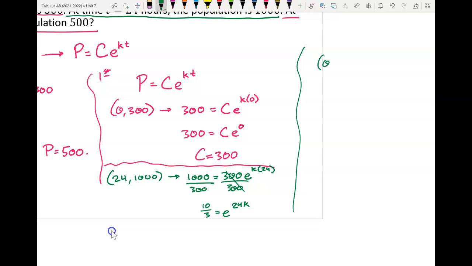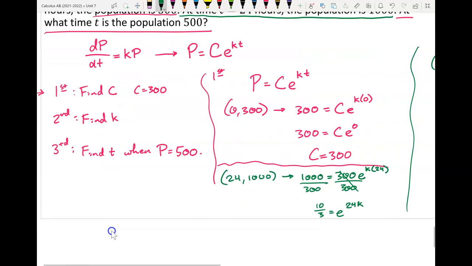If I use that point again, I would get 300 equals 300 e to the k times 0. But again, this doesn't help me find my k, because if I divide by 300, I have 1 equals e to the 0. It gives me a true statement, but I still don't know what k is. So I can't use that information again. I have to use a different point. Okay?